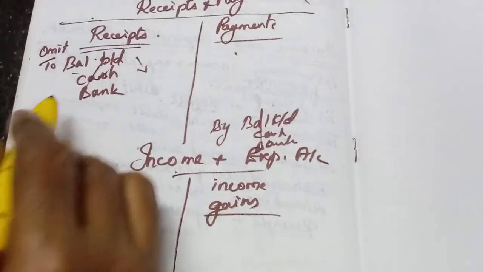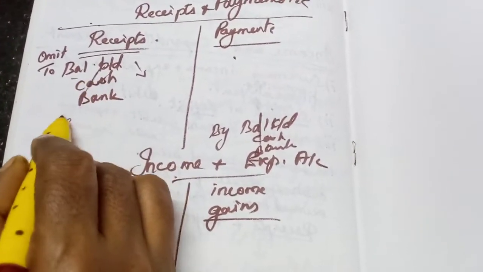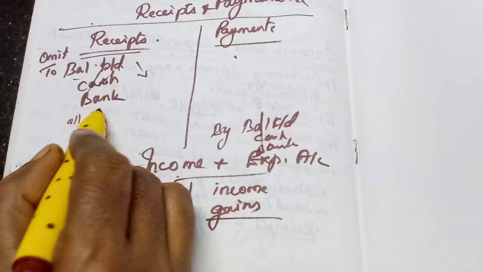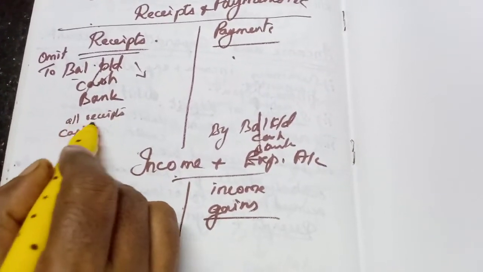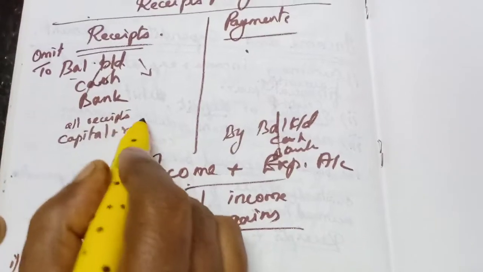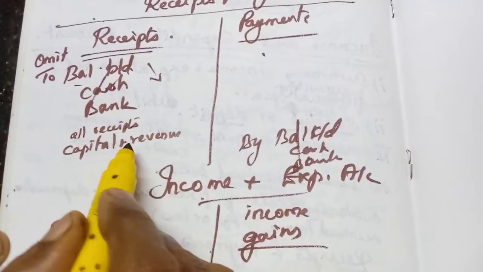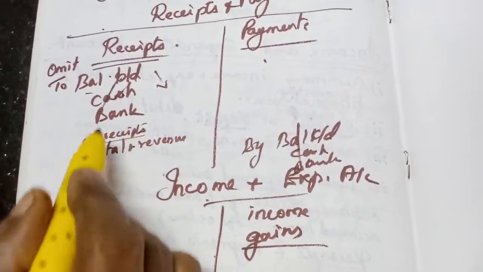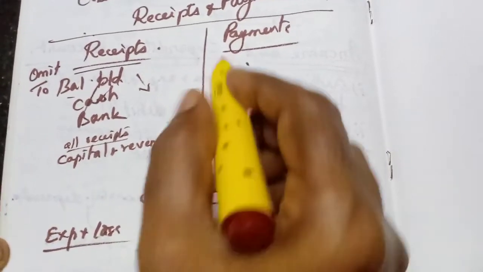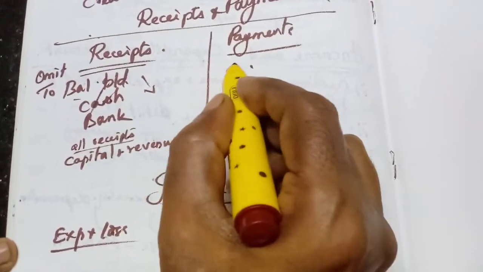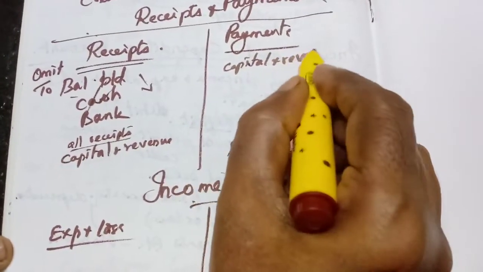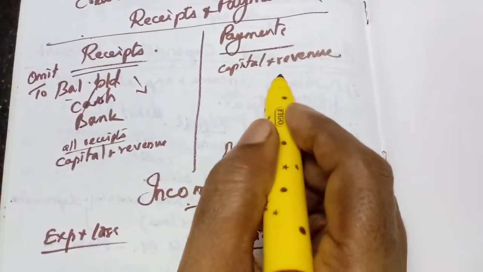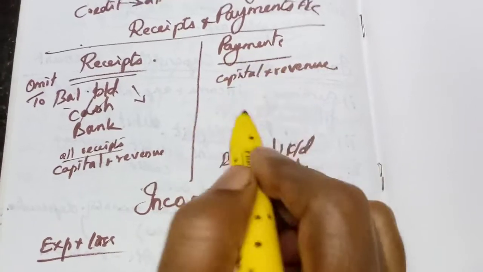Before explaining the second step: we include all receipts, whether capital or revenue, on the receipt side. In the same way, payments, whether capital or revenue, are entered on the payment side.